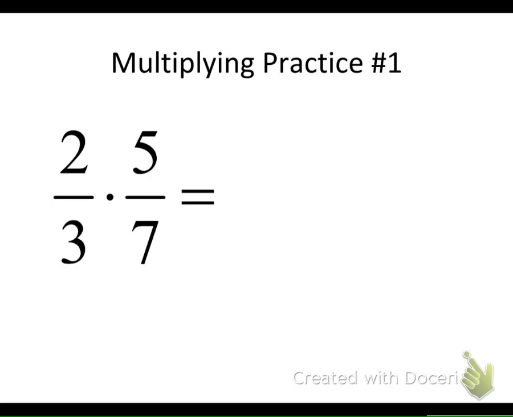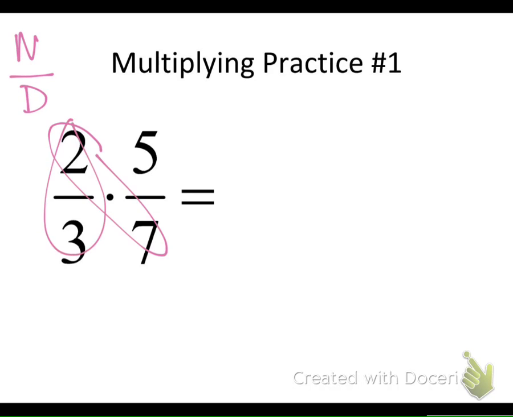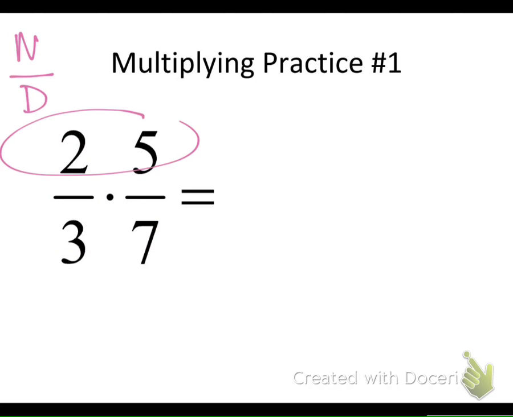Good. I can reduce any numerator with any denominator. Means I can reduce this with this or this with this. I cannot reduce these two together. Why can I not reduce those two together? Well, because they're both numerators. I can only reduce a numerator with a denominator.